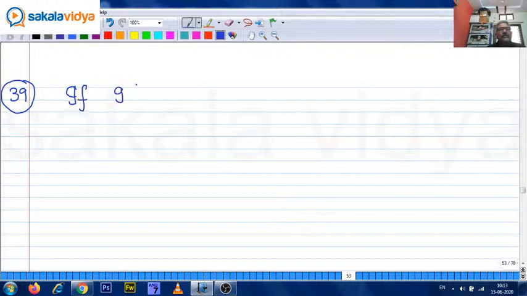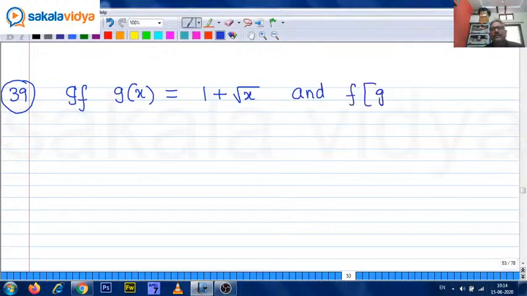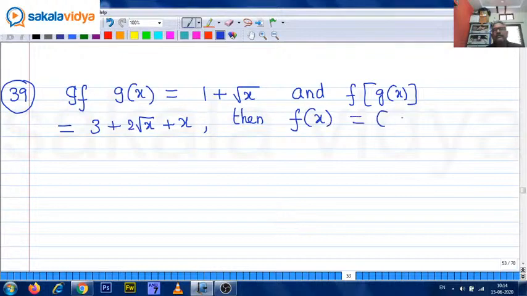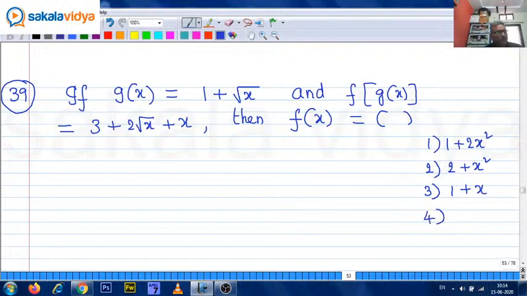If g of x equals 1 plus root x and f of g of x equals 3 plus 2 root x plus x, then f of x equals: first option 1 plus 2x square, second one 2 plus x square, third 1 plus x, fourth 2 plus x.